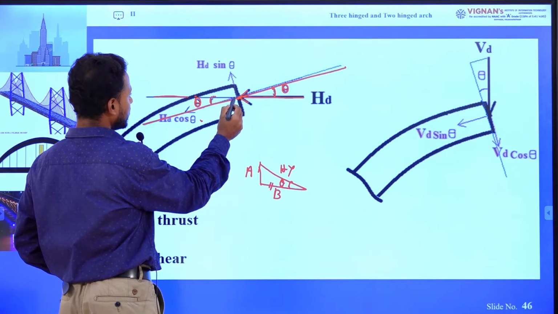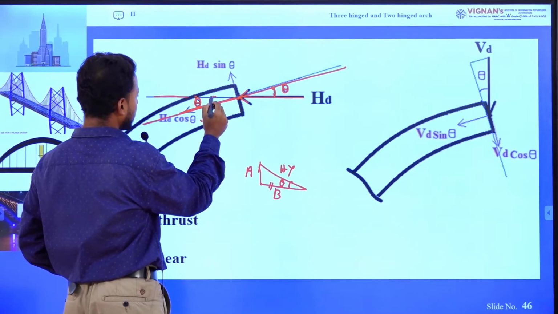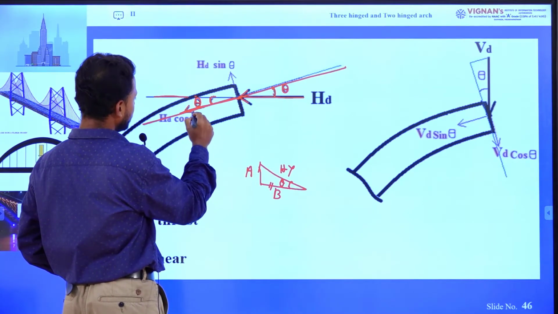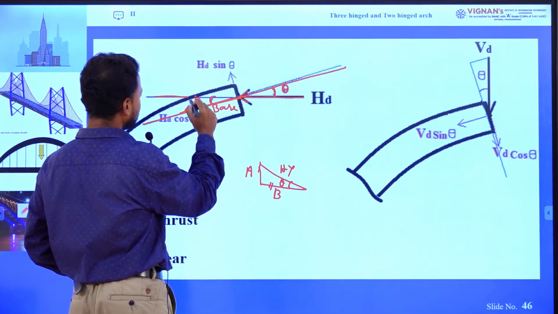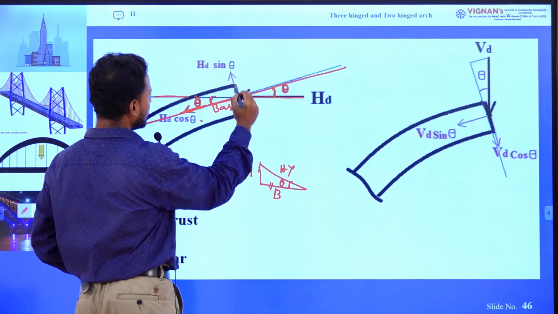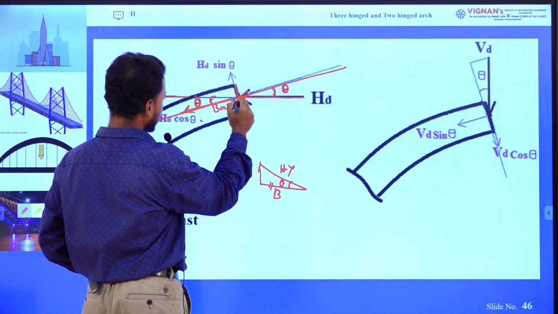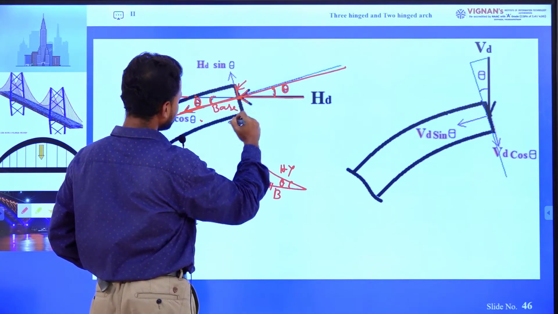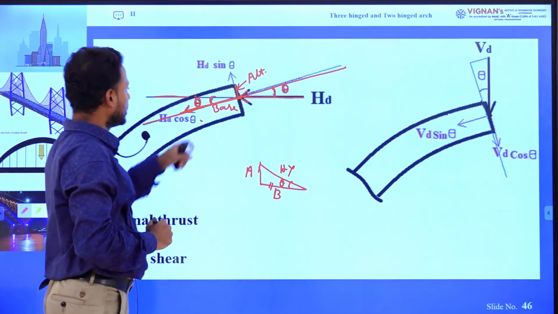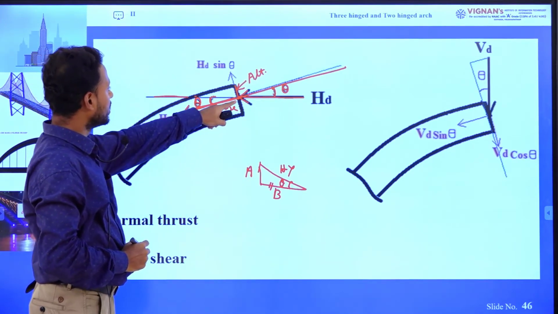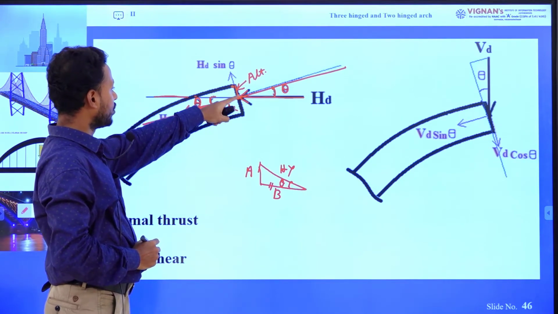So here this side is attached with the theta, so this will be base component and this side of the triangle is not attached, so this will be altitude component. So base component will be cos component and altitude component will be sine component.